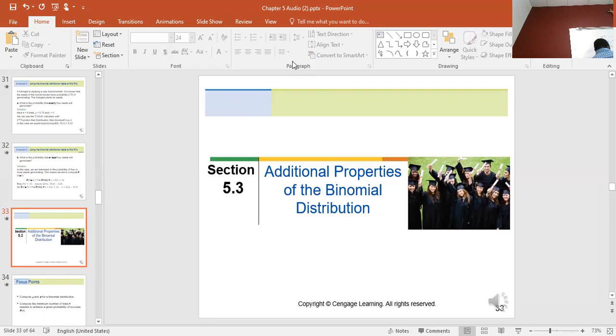The variance of X is variance of X equal to NPQ, and the standard deviation of X is sigma X equal to square root of NPQ. Here, what we call Q is 1 minus P.